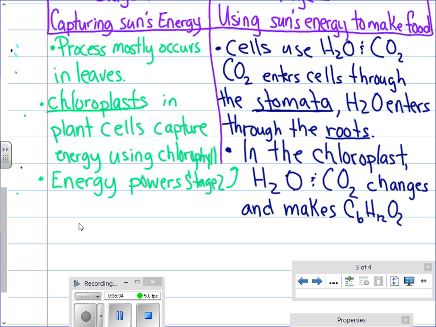So, in the chloroplast, that water and that carbon dioxide that it captured changes and makes sugar, C6H12O6, and what else does it make? Oxygen. What's the chemical formula for oxygen? O2.